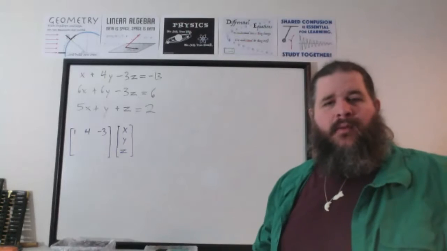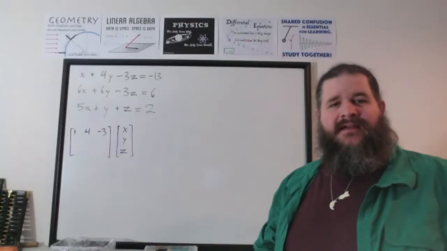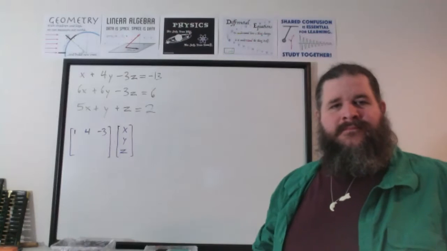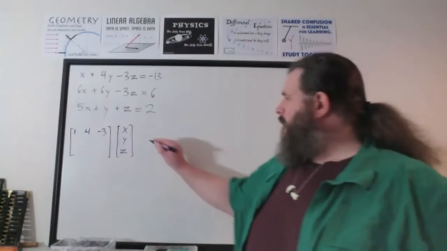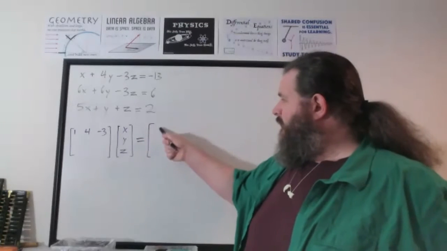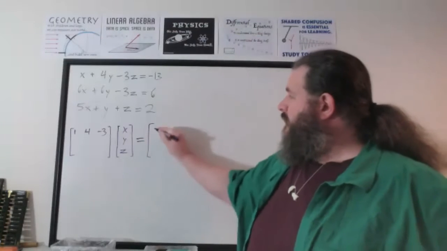And what do we know about 1x plus 4y minus 3z? It equals -13. So instead of writing equals x plus 4y minus 3z, I'm just going to substitute -13.